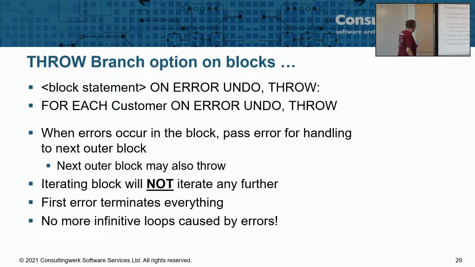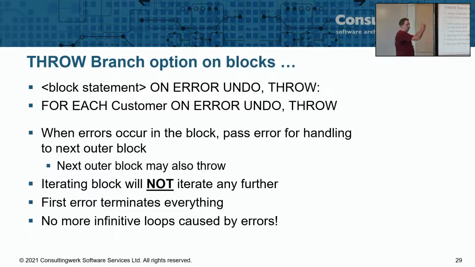So the next thing that has been introduced is the throw option on blocks. So on the for each customer, on error, undo, next, undo, leave, undo, retry has been there in the language since, I don't know, 30 whatever years. Now a new option was added, on error, undo, throw. And when an error is thrown, it is not handled within the current block. It is thrown to the next block.